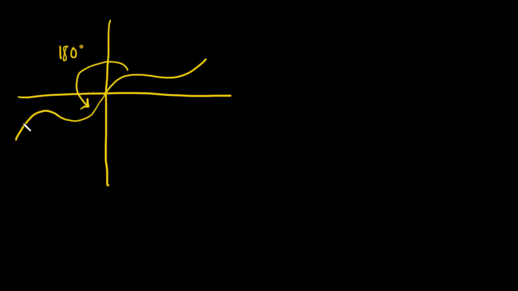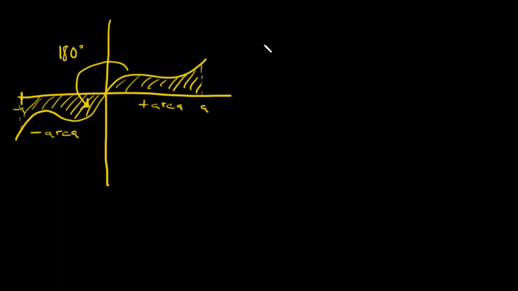If I integrate from negative a to positive a, what do I get? Well, all of this area, since it's under the x-axis, is going to give me a negative area, and all the area here is going to be a positive area. But it's exactly the same amount of area.